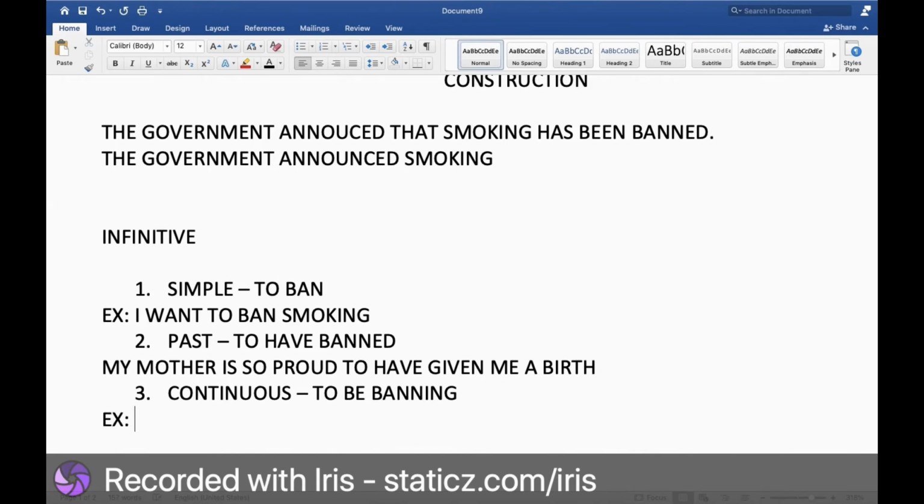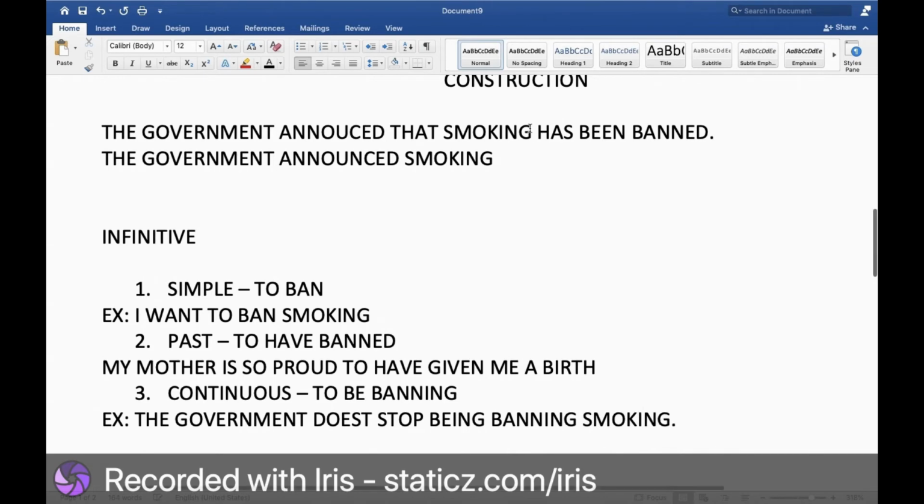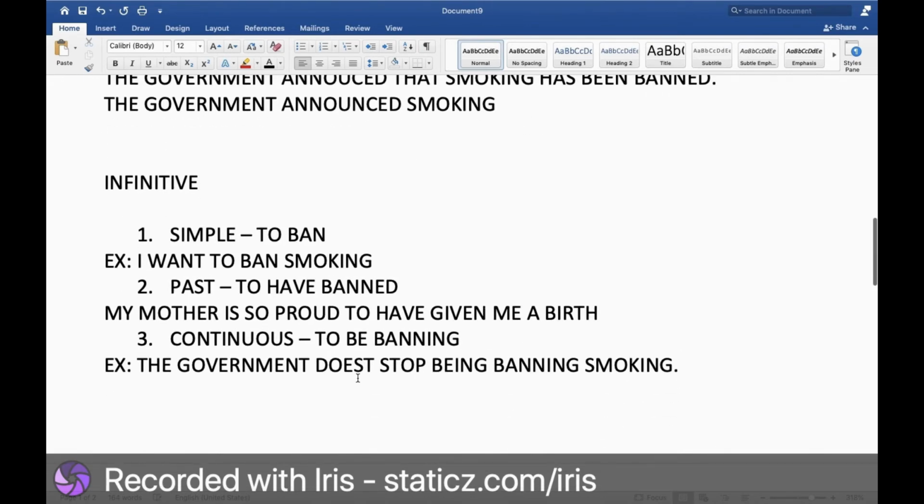For example, let's say, using banning actually, not drinking: the government doesn't stop being banning smoking. So I want you to take a close look at this sentence. The government doesn't stop being banning smoking.